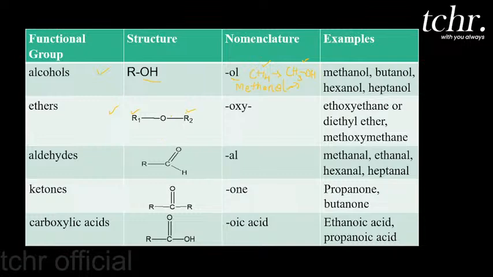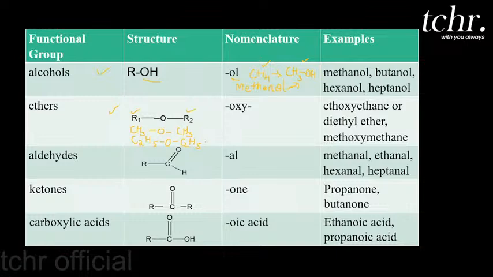Oxygen atom is bonded to two alkyl groups. This is how it symbolizes ethers. Now, for example, let me give some examples. CH3, methyl group I have taken, OCH3, or C2H5 OC2H5. Got it? And it's not a rule that both the alkyl groups should be same.